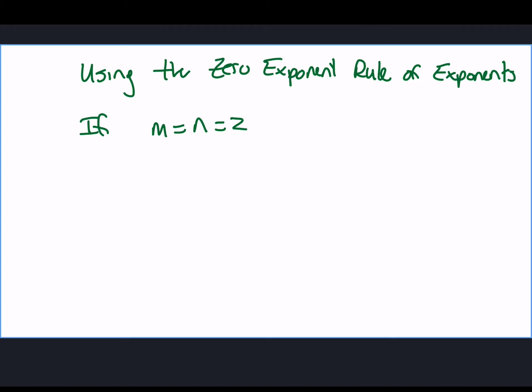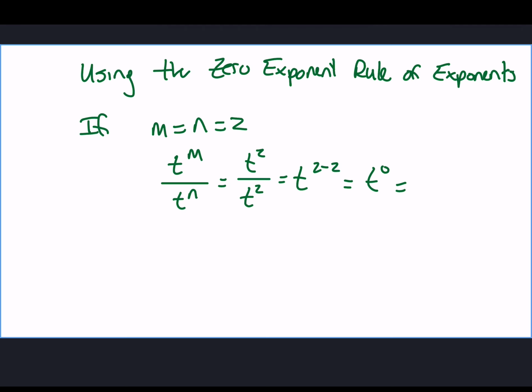Doesn't matter what we choose, but let's say they're equal. And I have t to the m power divided by t to the n power. What does that give us? T to the m minus n. But we know that m and n have specific values in this case, which is 2. So we'll have t squared over t squared. Well, that, as Erica said, is t to the 2 minus 2. What's 2 minus 2? That's t to the 0.